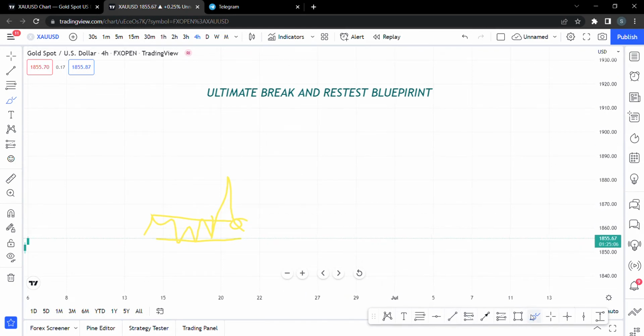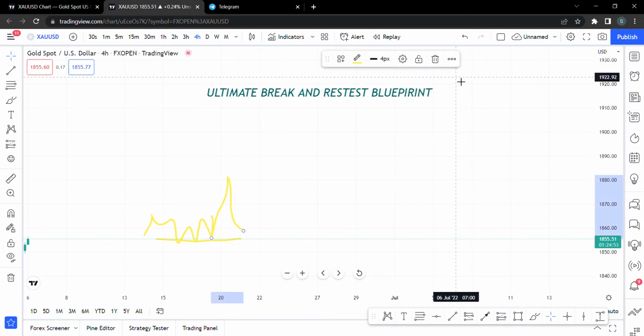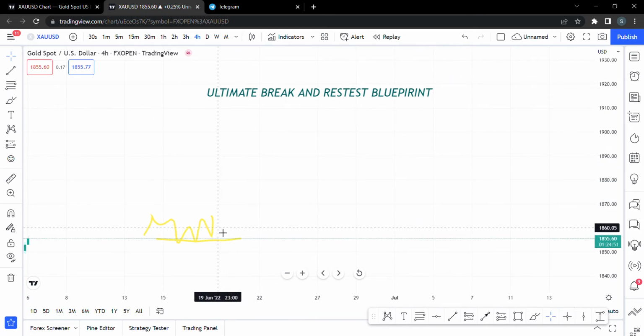But if you check through your chart, you see that this doesn't happen all the time.